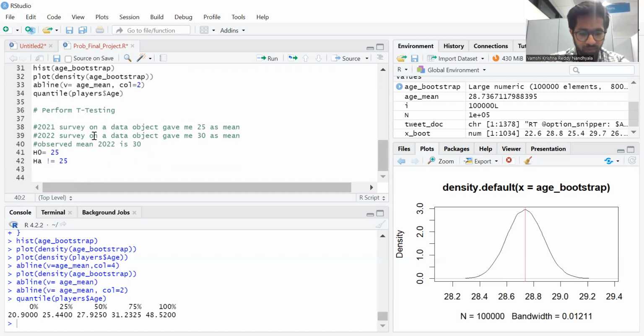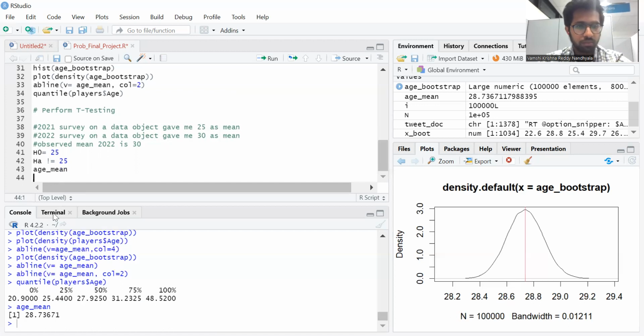So by performing t-testing, we are going to either reject the null hypothesis or accept it. Suppose my mean is centered around 28. Let's get the variable age_mean. My mean is 28.73671.